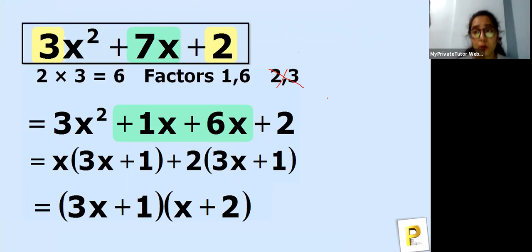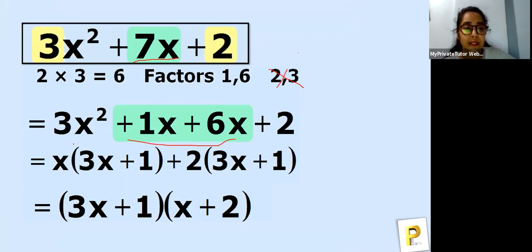Okay, getting how you have to find that out. Multiply a and c, first thing. Second thing, whatever answer you get, find multiples or factors of that number such that they add or subtract to the middle term. So in place of 7x, what we have written is 1x plus 6x.